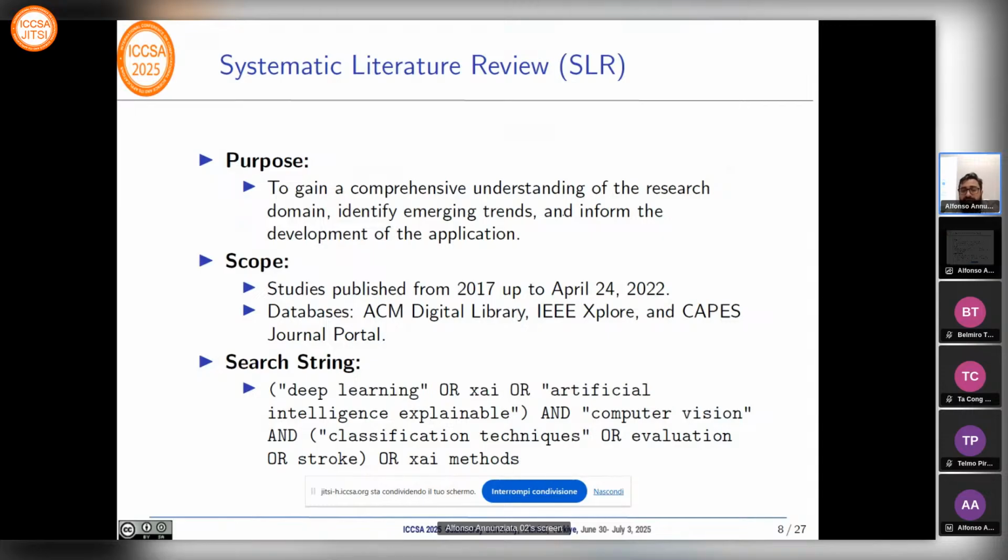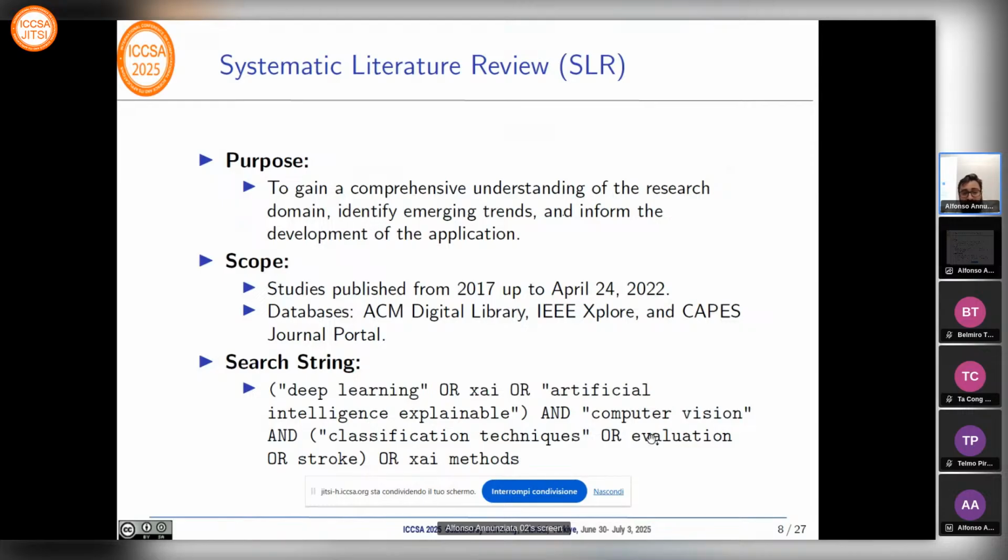The databases we searched for papers were ACM Digital Library, IEEE Xplore, and CAPES Journal. The CAPES, the last one, has Portuguese researchers. The ACM and IEEE are only English. Language written in English, of course.